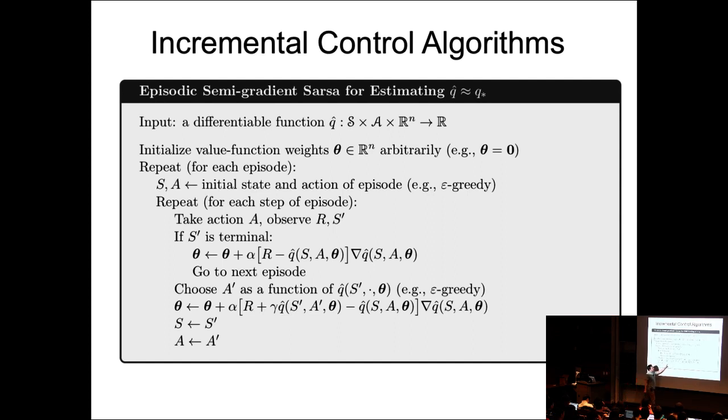And then the update rule takes this form. So in Sarsa, your action is epsilon greedy. In Q learning, you would just replace this by taking the maximum over all possible Q values. And then you take the gradient with respect to Q, and update the state and the action.